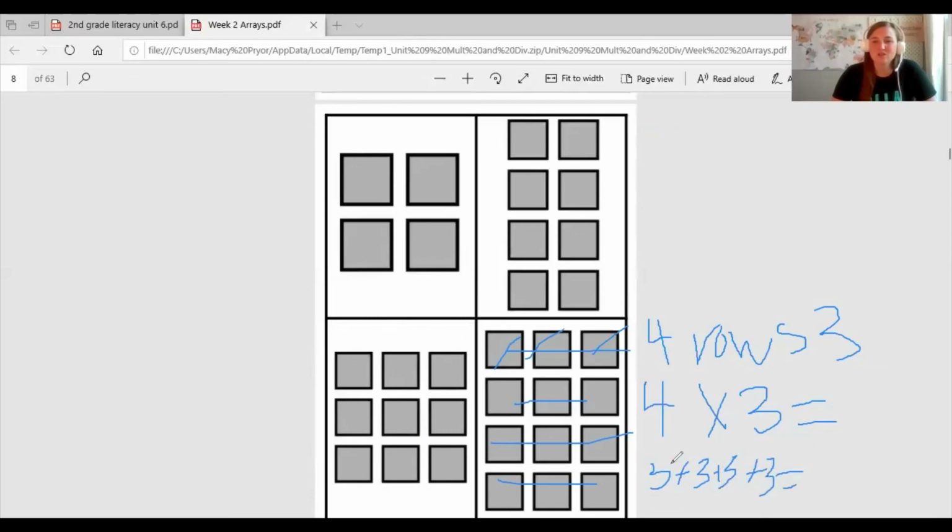I know 3 plus 3 is 6, and 3 plus 3 is 6, and 6 plus 6 is 12. So let's count and see how many we have all together. 1, 2, 3, 4, 5, 6, 7, 8, 9, 10, 11, 12. 12, perfect.